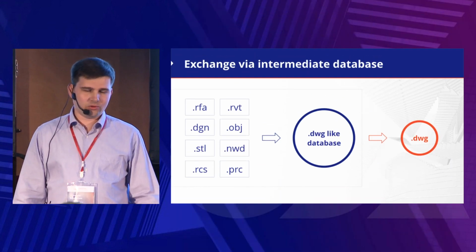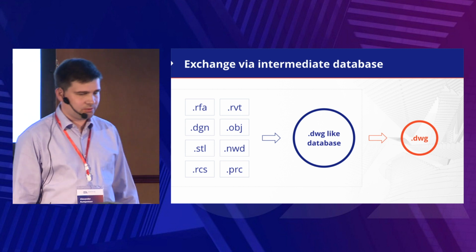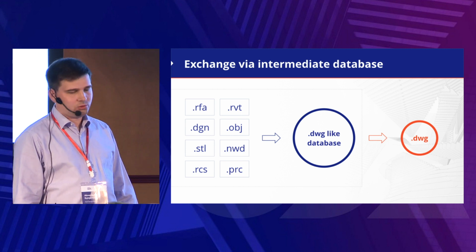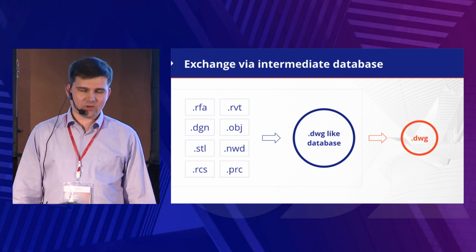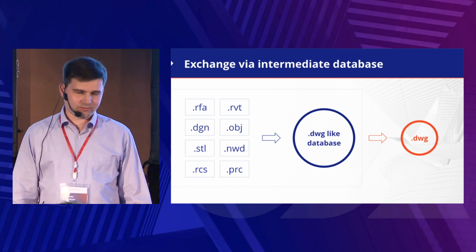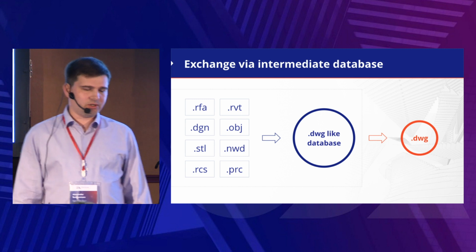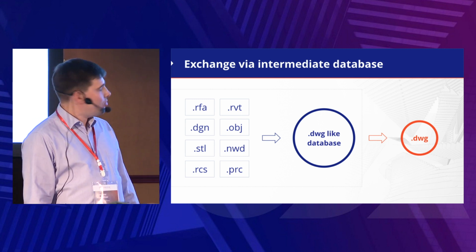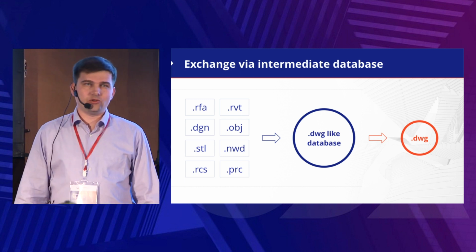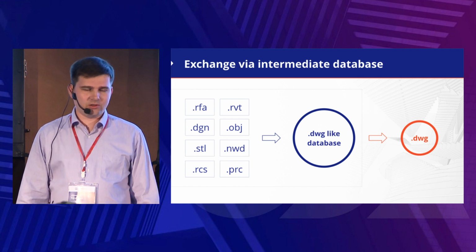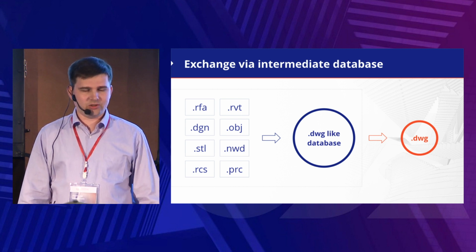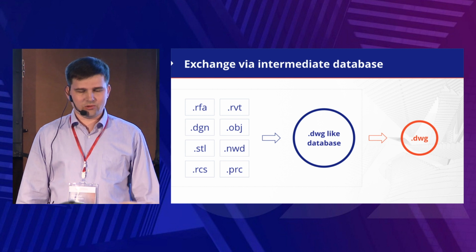So we decided to use the following scheme. We will use some intermediate database, a DWG-like database. On the left side, we have all ODA supported products and formats: RFA, Revit, DGN, DWG, STL, and so on.